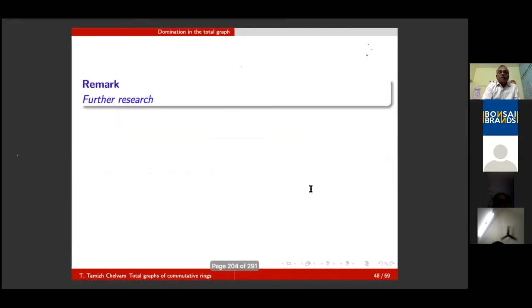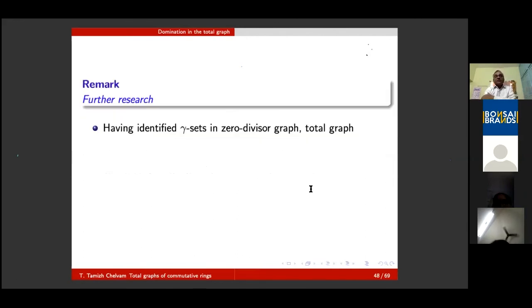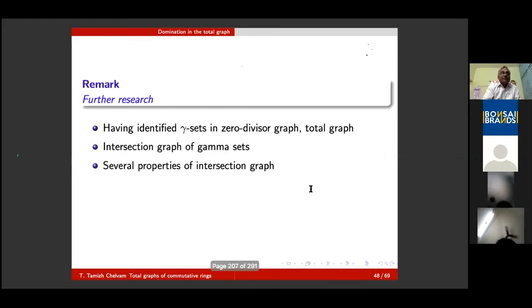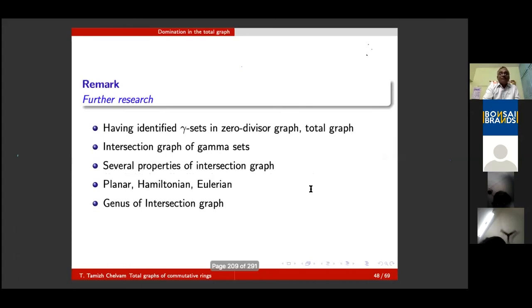Of course, further research has been done on this total graph. Having identified gamma sets, we have constructed the intersection graph of gamma sets. Several properties of the intersection graph were obtained. These properties include planar, Hamilton, Eulerian, and genus.